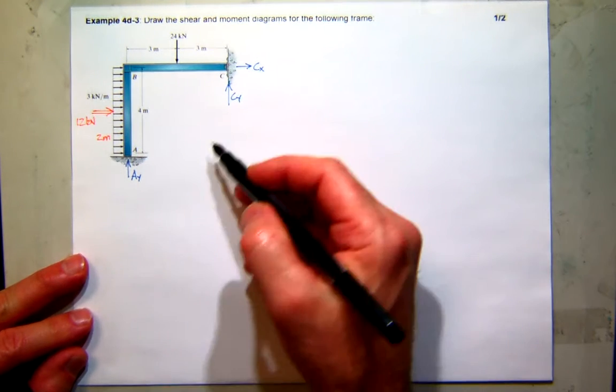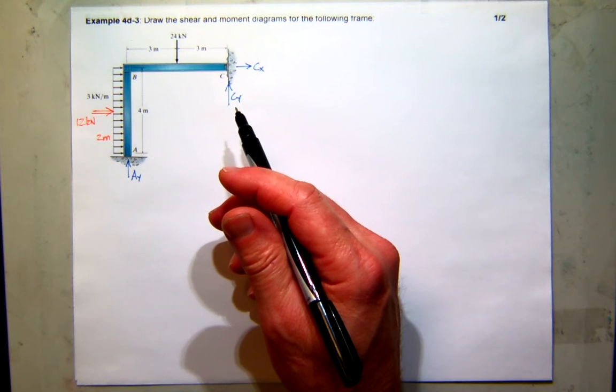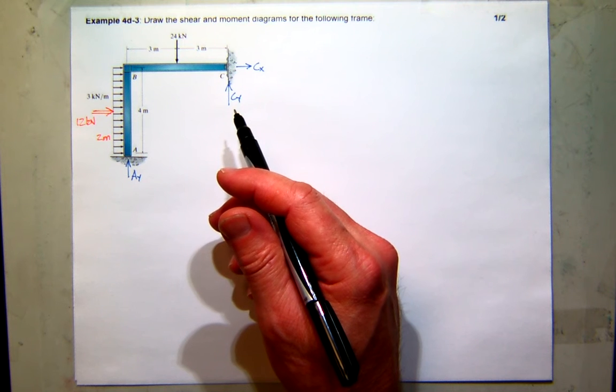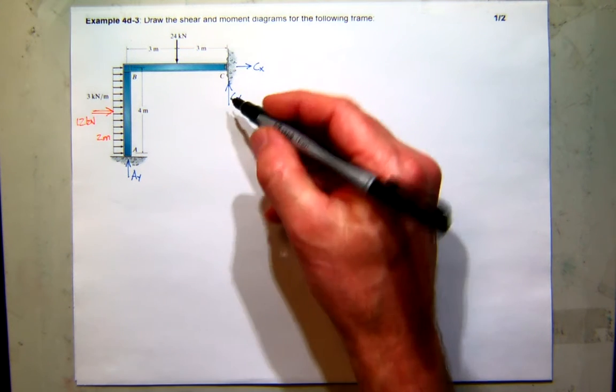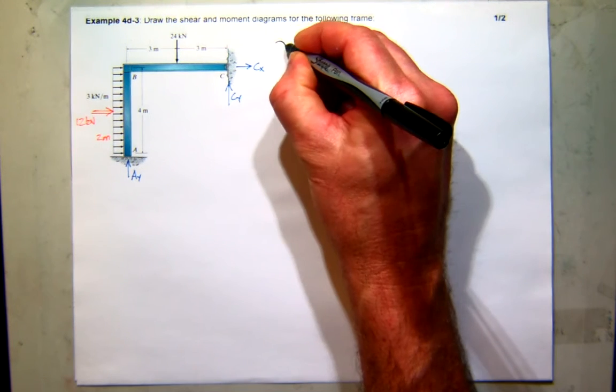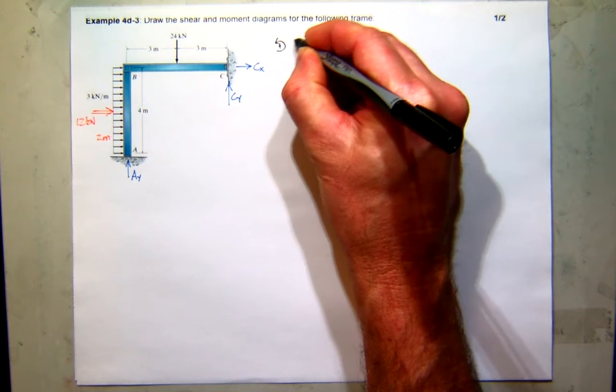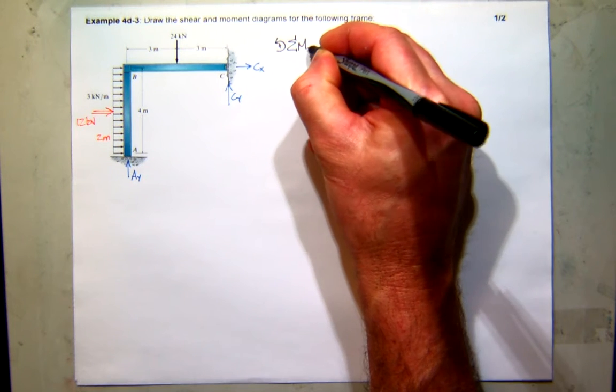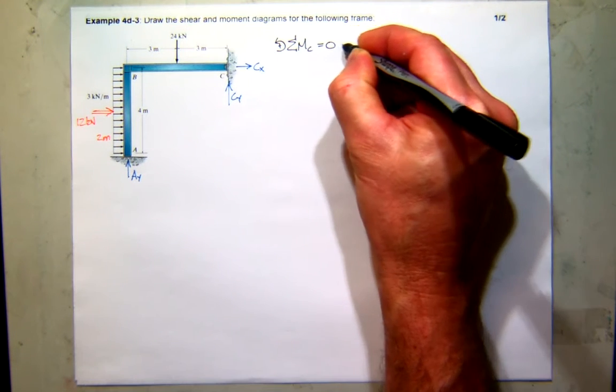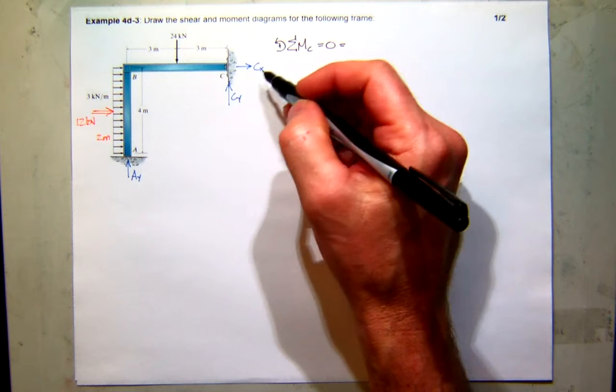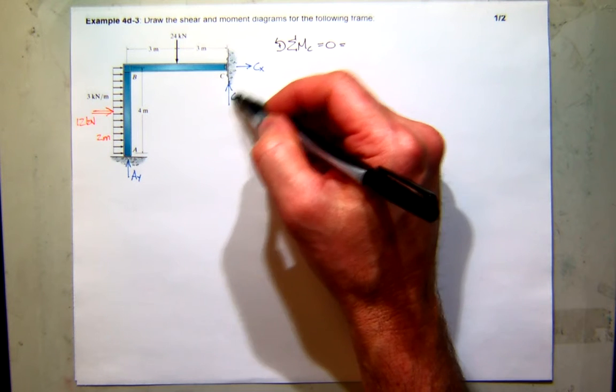So now with that as my free body diagram, I'm going to solve for those reactions. First, I'll sum moments about C to make sure my structure is in equilibrium. When I sum moments about C, Cx and Cy don't create any moment.